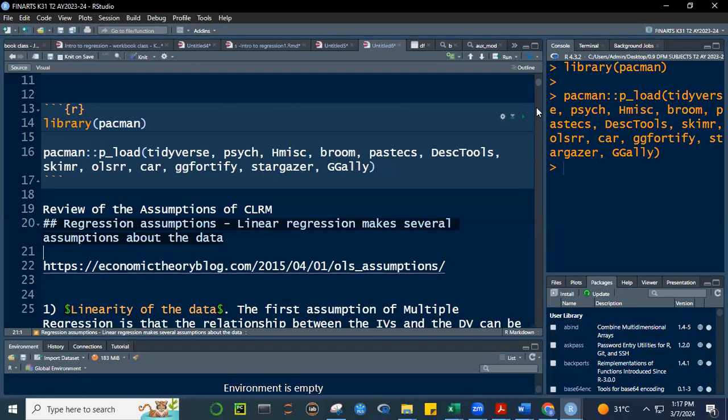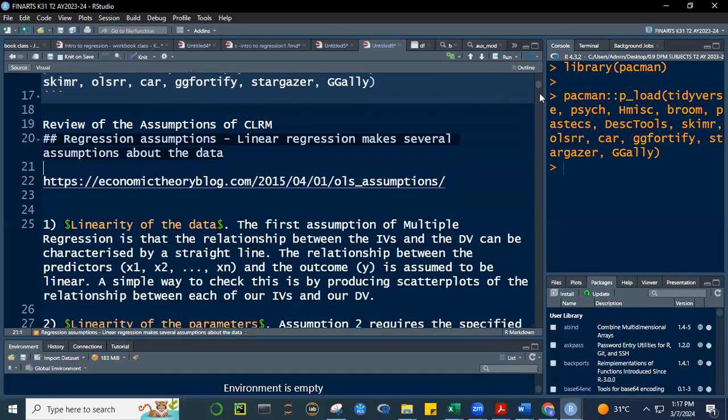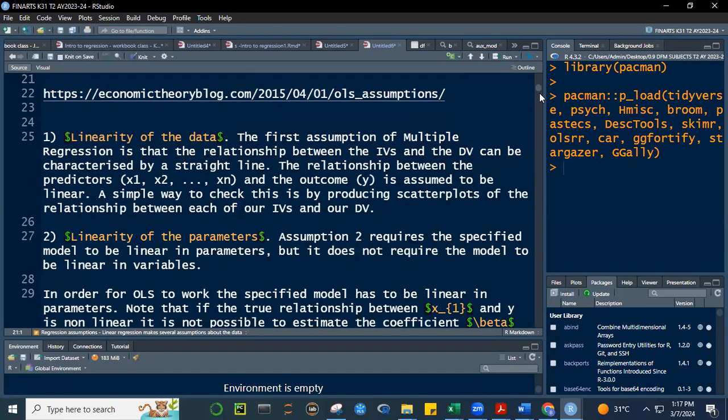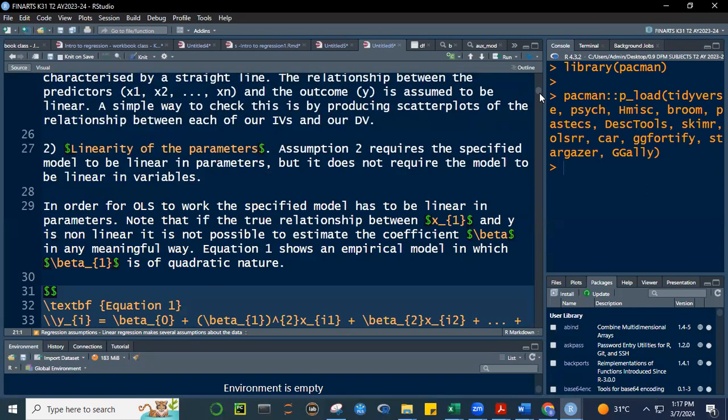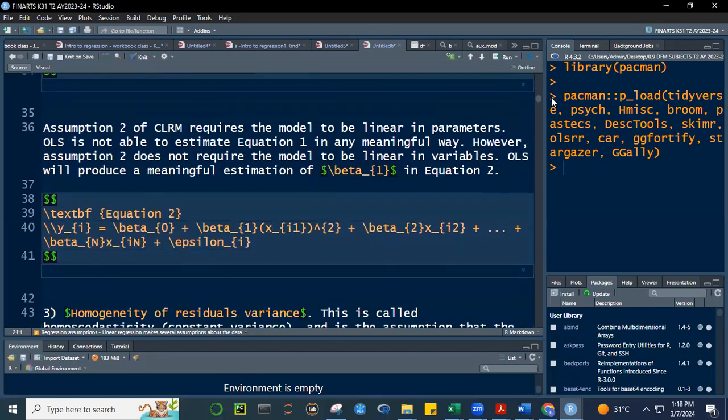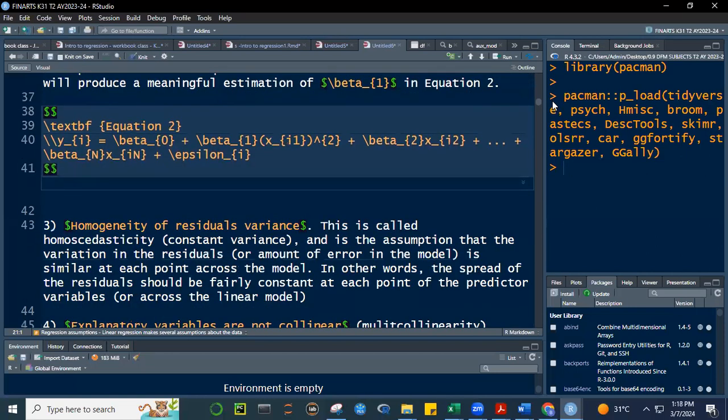Last time we also looked at this; we just summarized it. Linearity of the data, linearity of the parameters, and then this one, taken from the initial file that we had, is the homogeneity of our residuals. The residual variance should be constant, not non-constant.